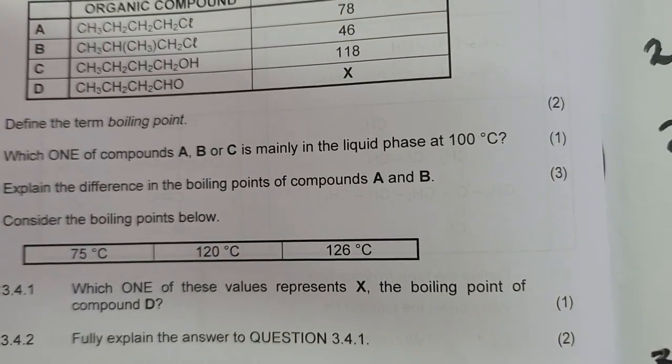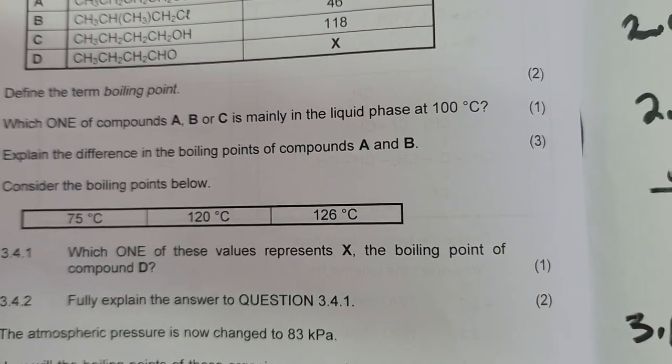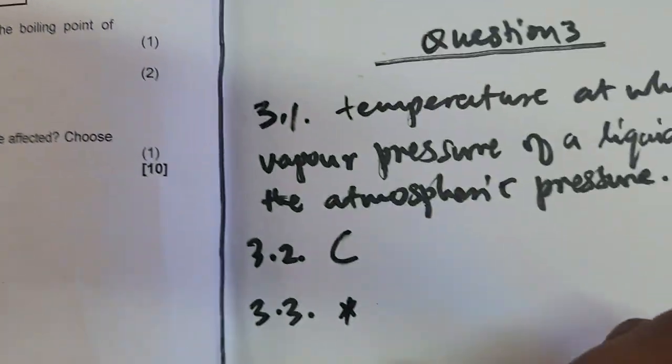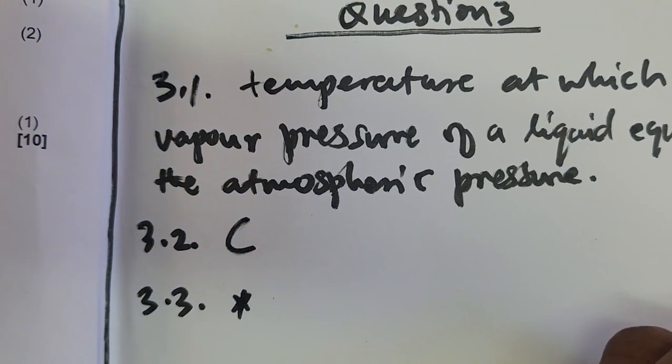Therefore, it means that in terms of chain length, A will have the longer chain length. So there are many ways of answering this question. We'll go for the easiest one.